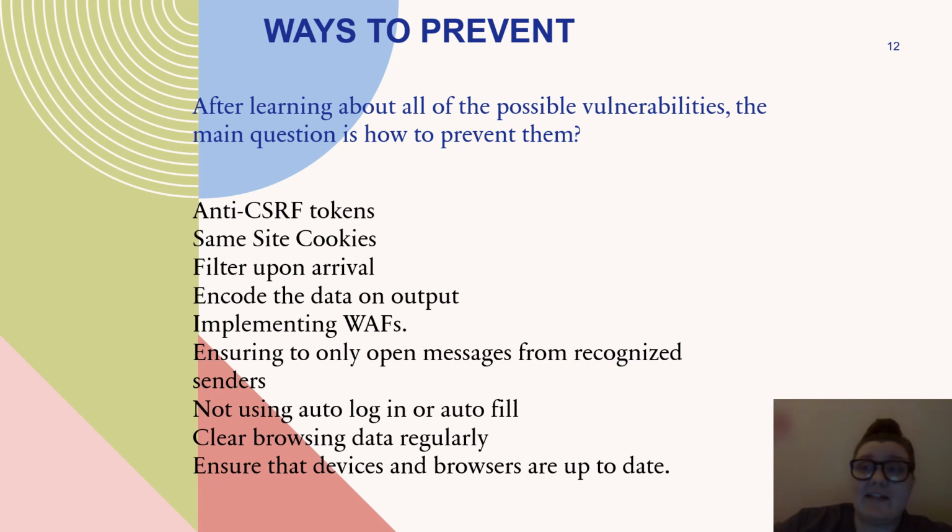I did some research, and these are the best methods to prevent against them: using anti-CSRF tokens, using same-site cookies, using filter upon arrival, encoding the data on output, implementing WAFs, ensuring to only open messages from recognized senders, avoiding using auto login or autofill, although convenient, not super safe, clearing your browsing data regularly, as well as ensuring that devices and browsers are up to date.